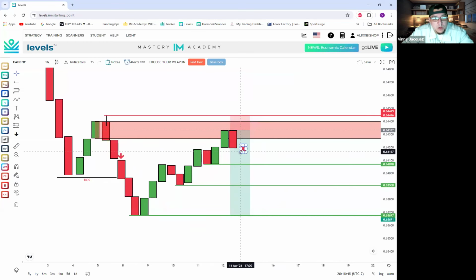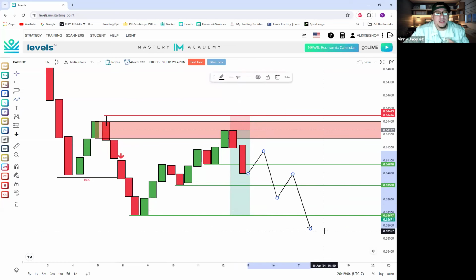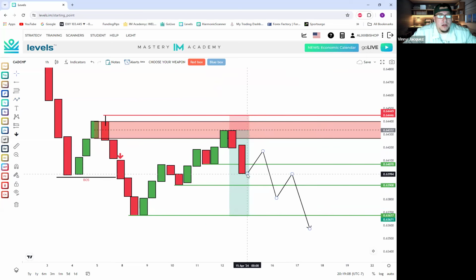So that's exactly what we want, guys. We need market to break and close below and give us that confirmation so we can have some confidence that market wants to continue down. Once market breaks and closes below structure, that gives us confidence that we can go ahead and hold our trade a bit longer. Does that make sense, guys?